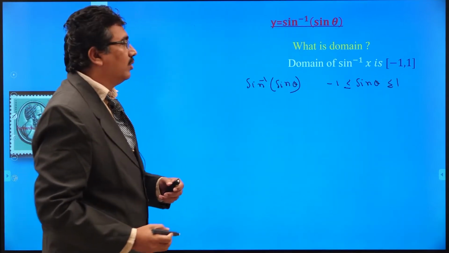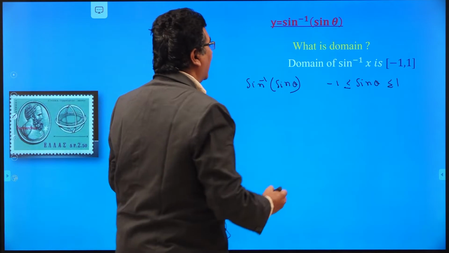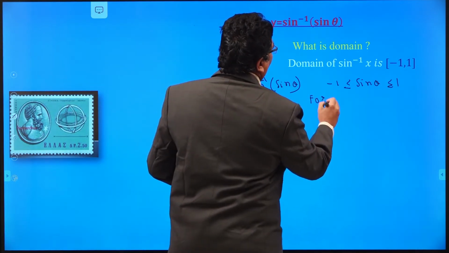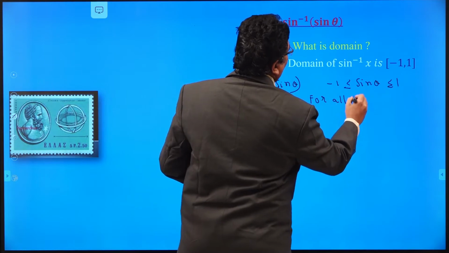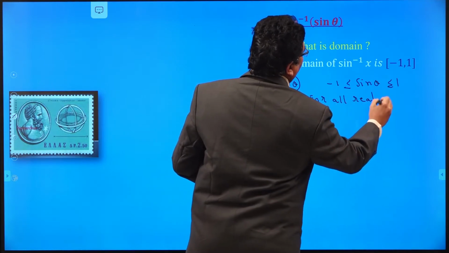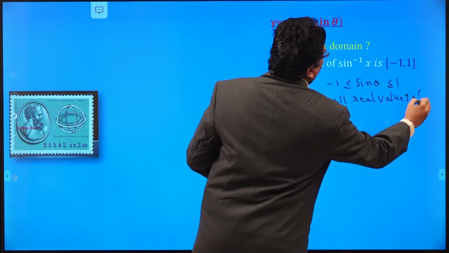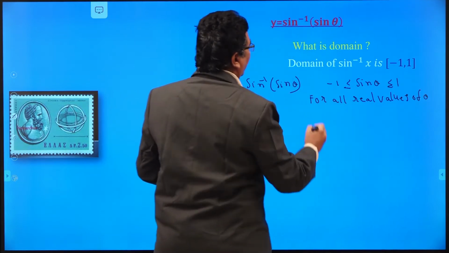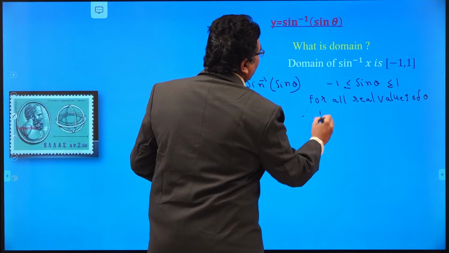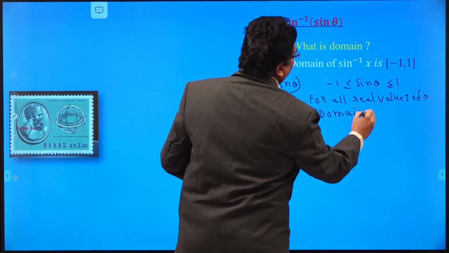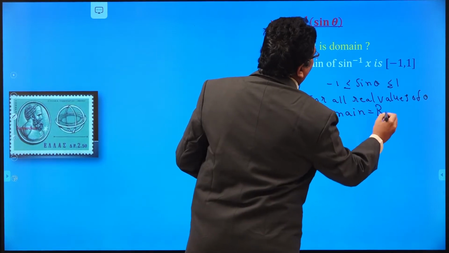This is true for all real values of theta. Therefore, domain is equal to R.